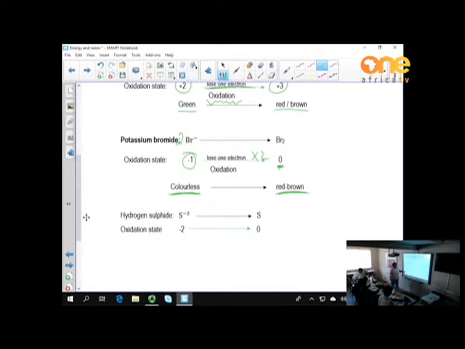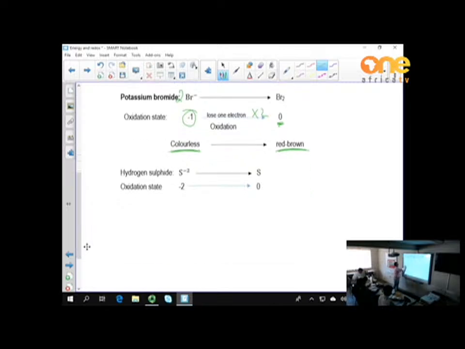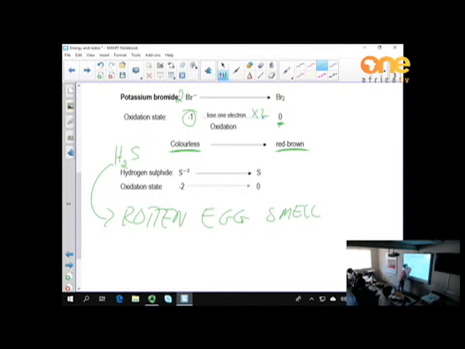Okay. Hydrogen sulfide. If I have H2S, it's a gas. This gas has the smell of a rotten egg. If you break a stink bomb, there's something that gives off some of that gas. Yeah, that is what it smells like. So this gas, it's a colorless gas.